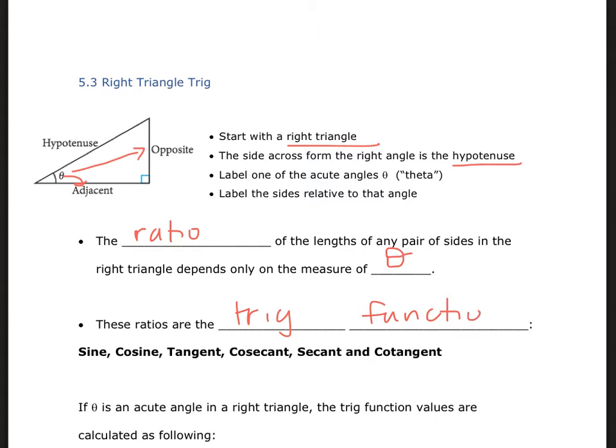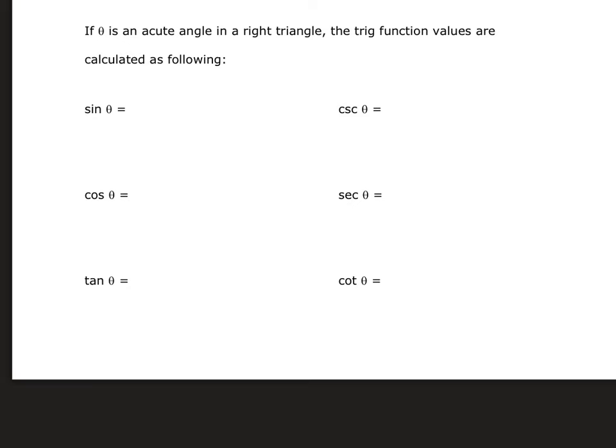And I've listed out the names of the trig functions: sine, cosine, tangent, cosecant, secant, and cotangent. Usually we use the abbreviations, so sine is abbreviated SIN, and the sine of theta, so if we think of that sine being a function, we're plugging in that angle theta, and to evaluate it, it is the opposite side length over the hypotenuse length.